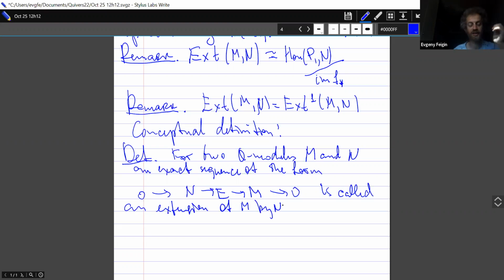Sometimes you would say this is an extension of N by M, whatever you prefer, because E contains N as a submodule and M is a quotient, so maybe it makes sense.